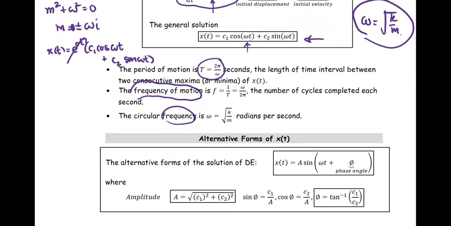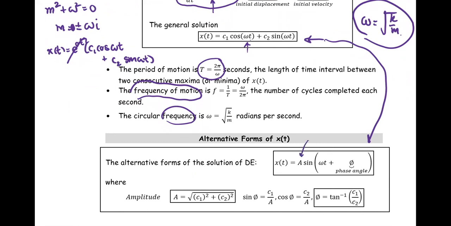Okay, and then sometimes the alternative form of the solution is more convenient to analyze the solution. This is another form of the solution that is equivalent to c1 cosine omega t plus c2 sine omega t. The alternative form has just one single trig function, a sine function.